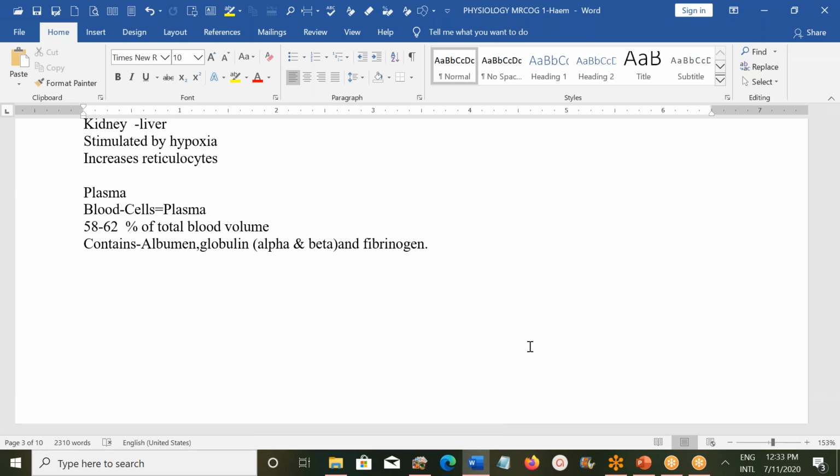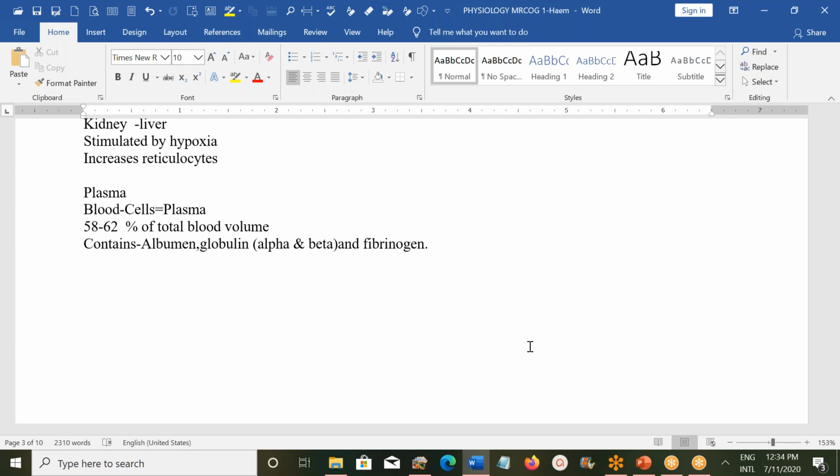So following absorption, ferrous ions, which are 2+, will be converted to Fe3+ and bound to the ferritin while they are in the intestinal cells, and then taken back to the plasma where it is bound to the transferrin protein, which is a beta globulin synthesized in the liver. The transferrin saturation in a normal person is 33%.